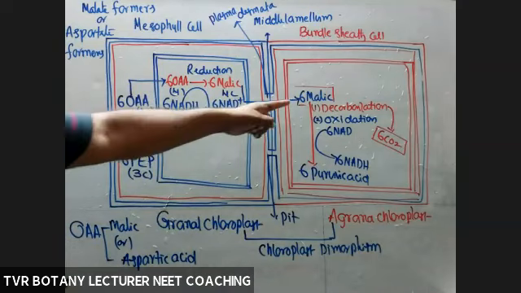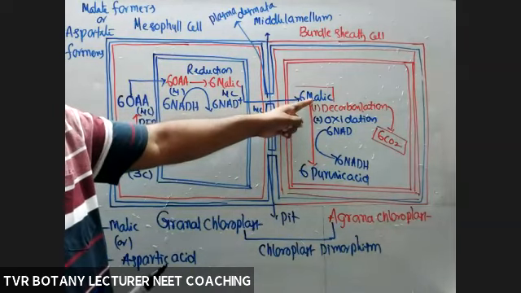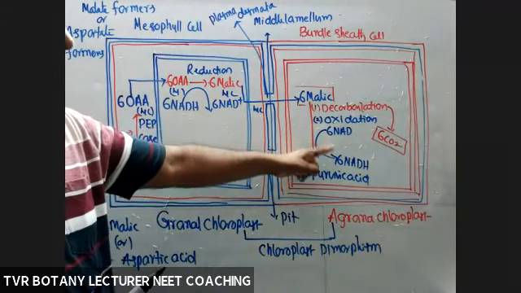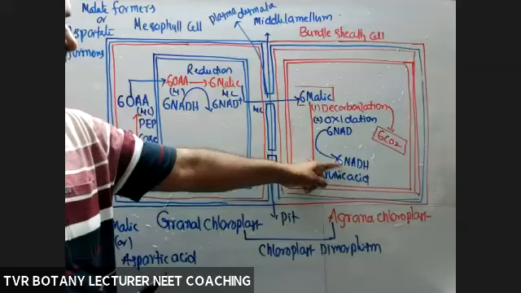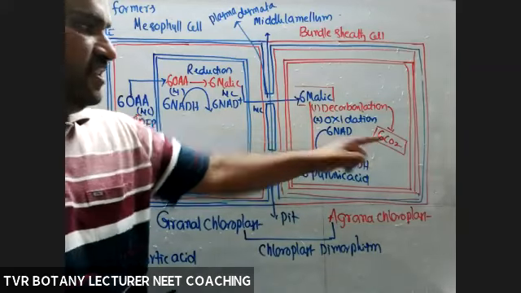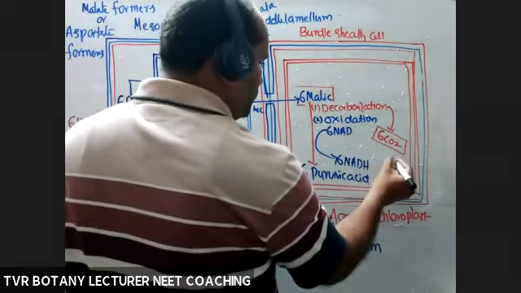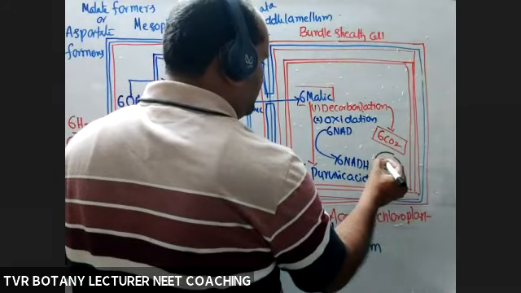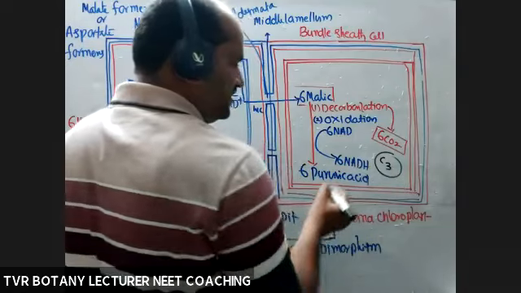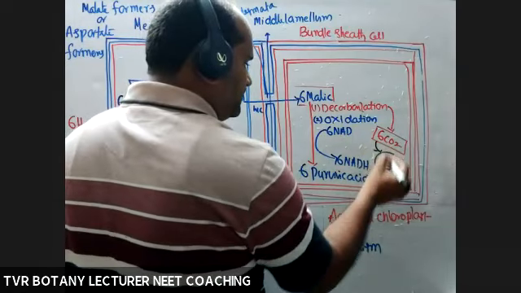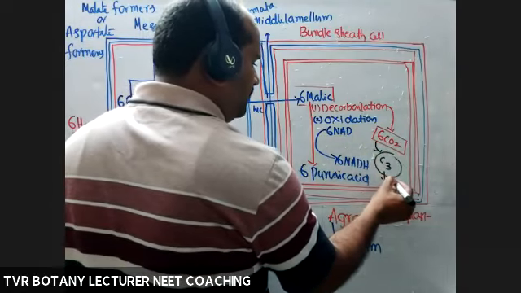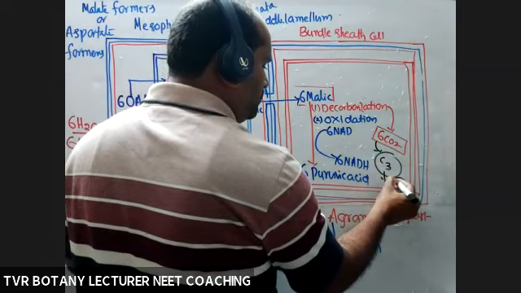So because of splitting of 6 molecules of malic acid, 6 molecules of NADH are produced, and by decarboxylation, 6 CO2 produced. Now 6 CO2 are accepted by the C3 cycle. Same C3 cycle, copy paste, and synthesis of 1 molecule of glucose.